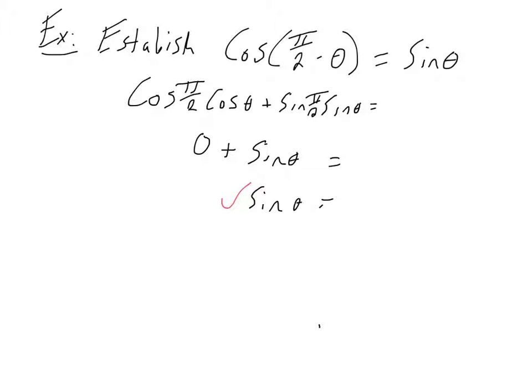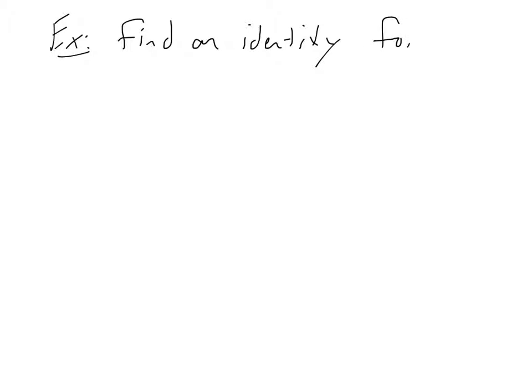Right. So will that help us with the next? I want to find an identity for sine of alpha plus beta. All right, so what is the sum identity for sine?